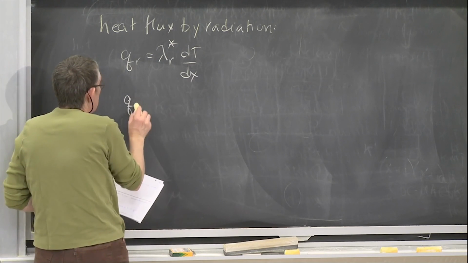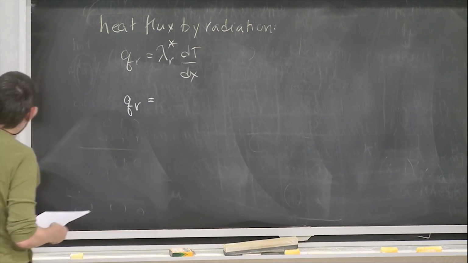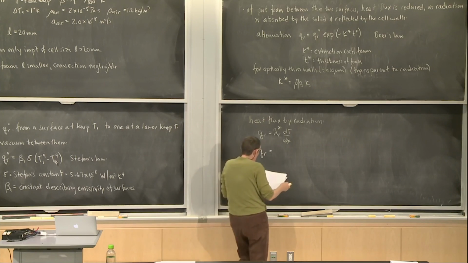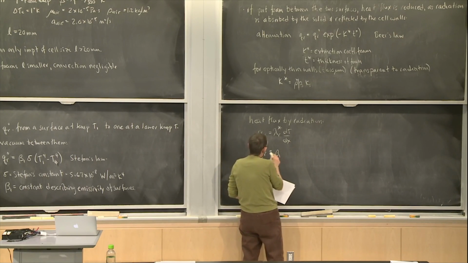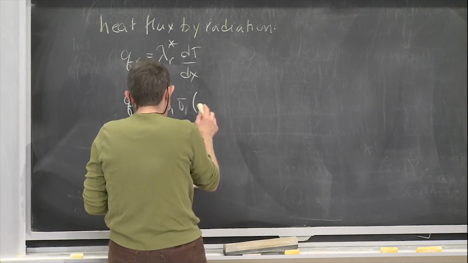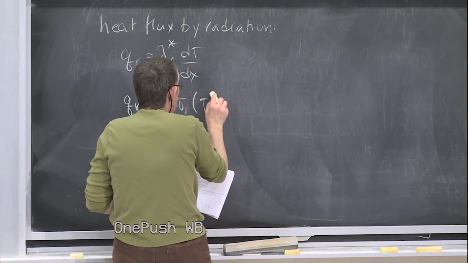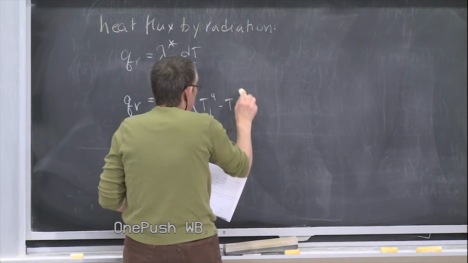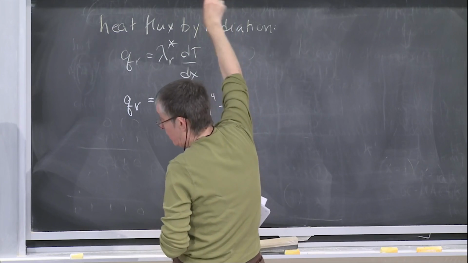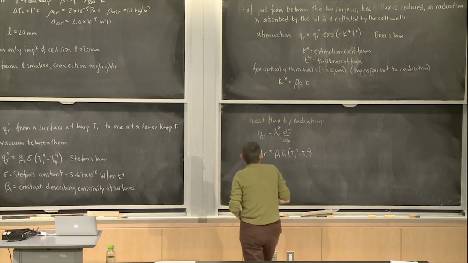And then I've also got QR that I'm going to get by combining the Stefan's law with the Beer's law up there. So if I do that, I get that QR is beta 1 times sigma times T1 to the fourth minus T naught to the fourth. So that's the QR naught up there from down there.